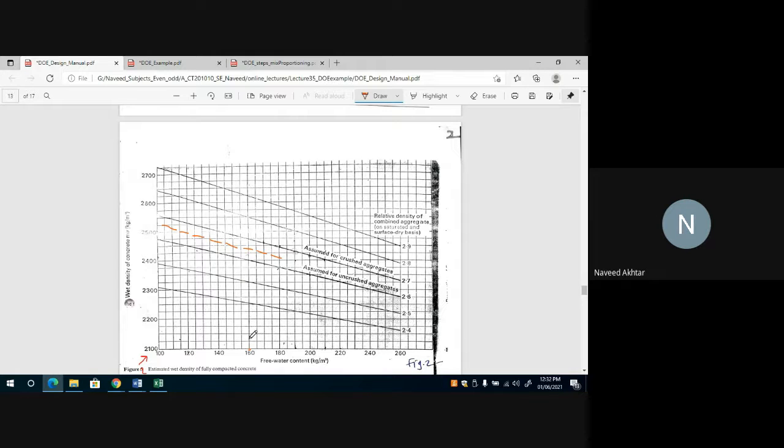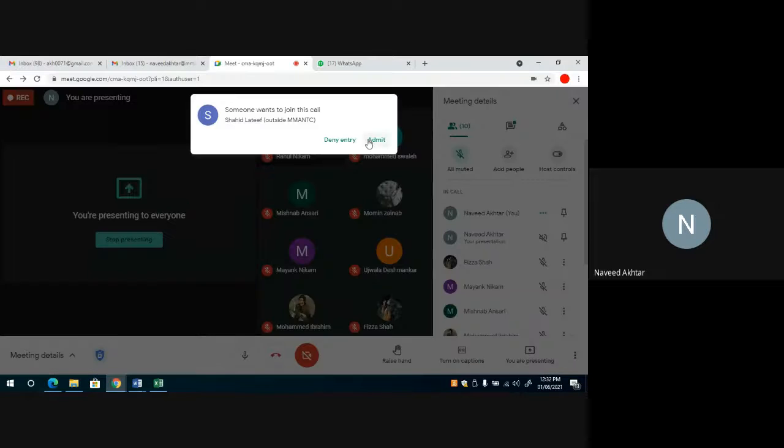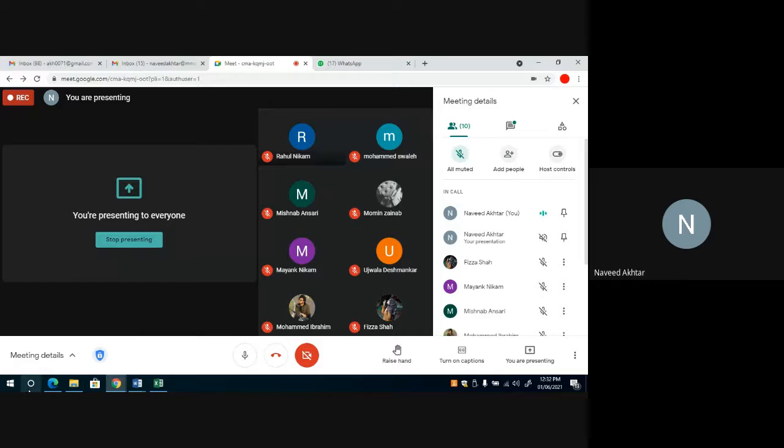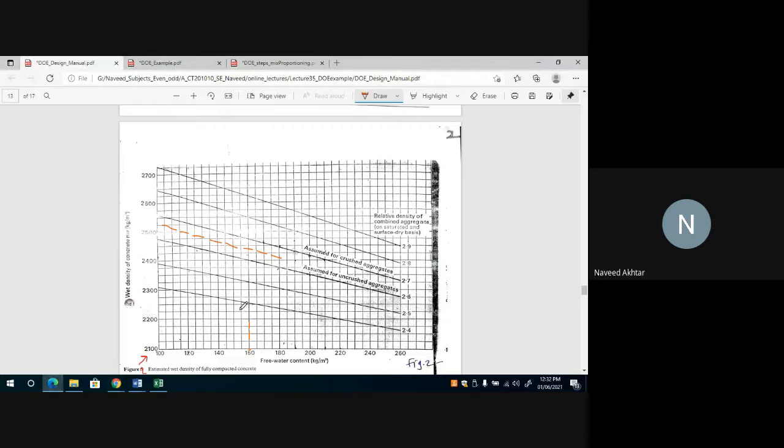Then I will draw the dotted line from here. If you come up, at this point we are meeting. If I draw the parallel line from here, it is coming somewhere here.